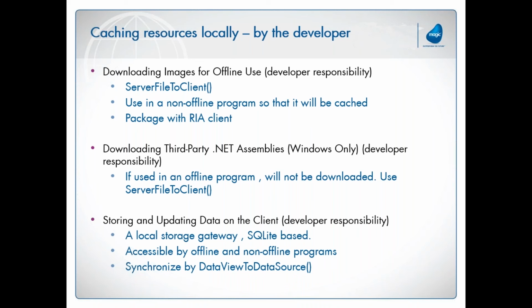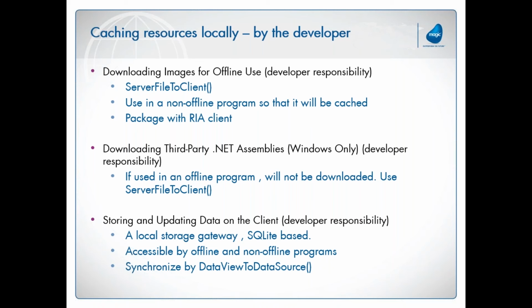And the next thing you need to handle, of course, is the data. A long time ago, we introduced a local database gateway, which is actually an SQLite database. This database is stored on the client machine. We have this implementation on RIA desktop and also on all the mobile platforms. And it is also encrypted.